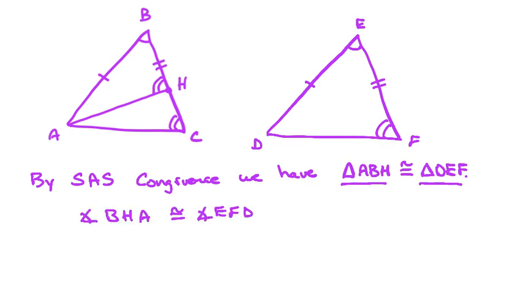But by our hypothesis, EFD was also congruent to our angle BCA. And so what we then have is that our angle BHA is congruent to our angle BCA.